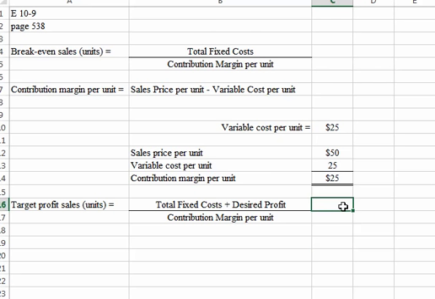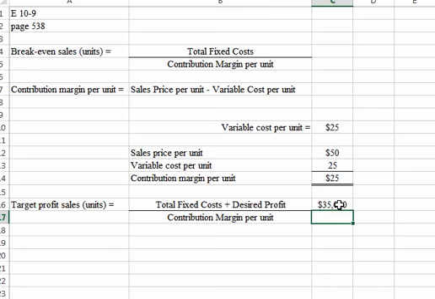Okay, so how many units would we have to sell to get this desired profit of $75,000? Well, here's our formula. We'll say our fixed cost, which were $800,000, plus the target profit of $75,000, divided by our contribution margin per unit of $25.